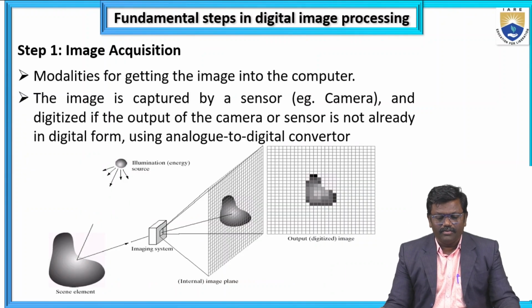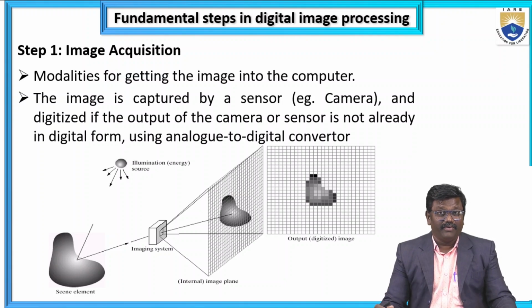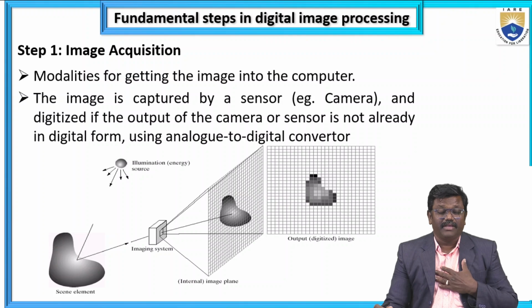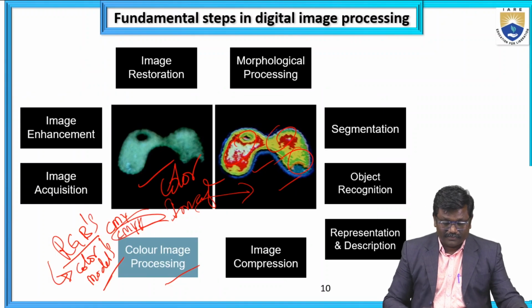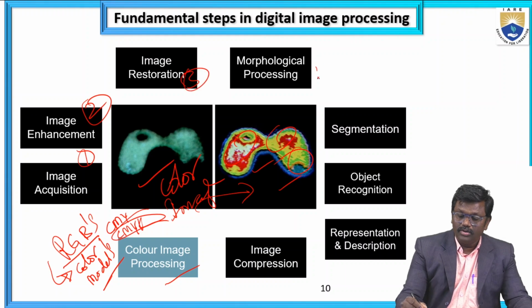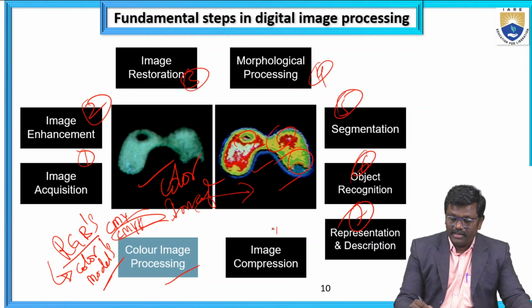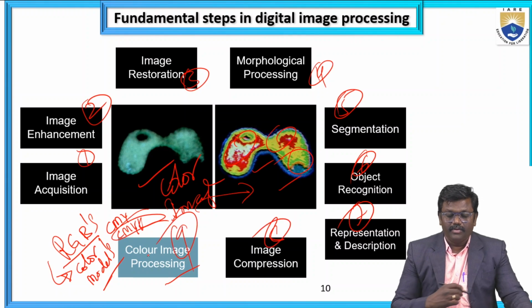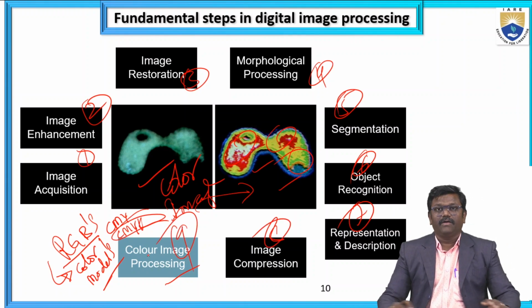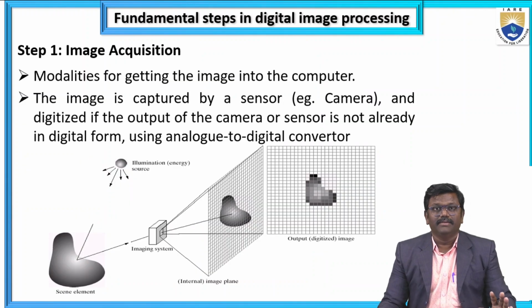For example, when we consider this complete process, there are 9 steps: 1, 2, 3, 4, 5, 6, 7, 8, and 9. As I told you, these are all 9 steps which we are going to discuss one by one. Step 1, image acquisition.